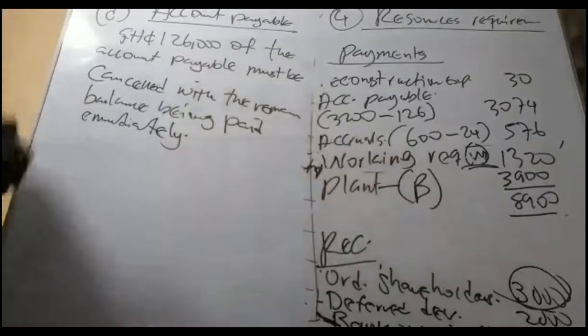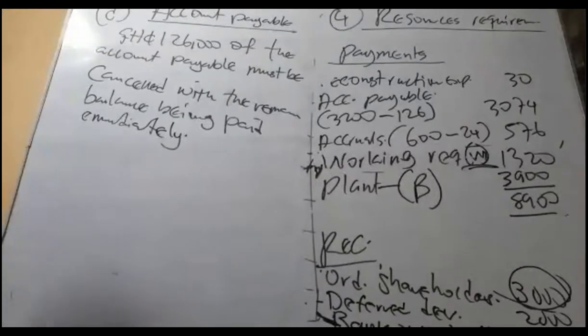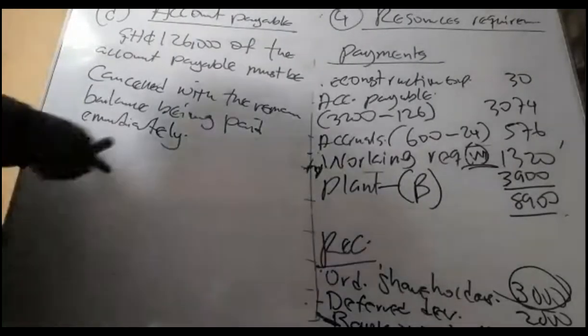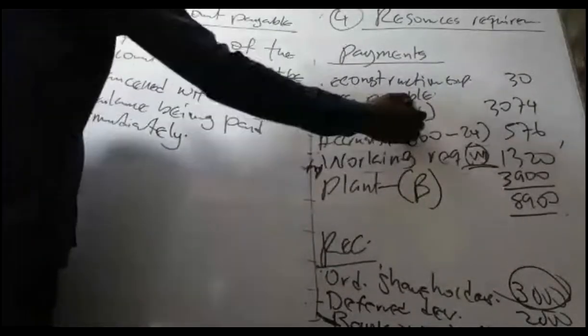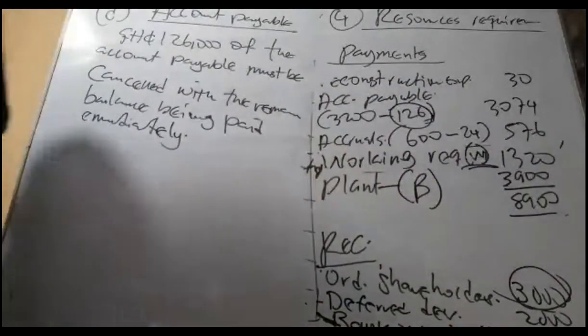Full stop. Remaining balance being paid what? Immediately. So that's it, because you paid the accounts payable. We cancelled 126,000 and we pay the remaining balance immediately.